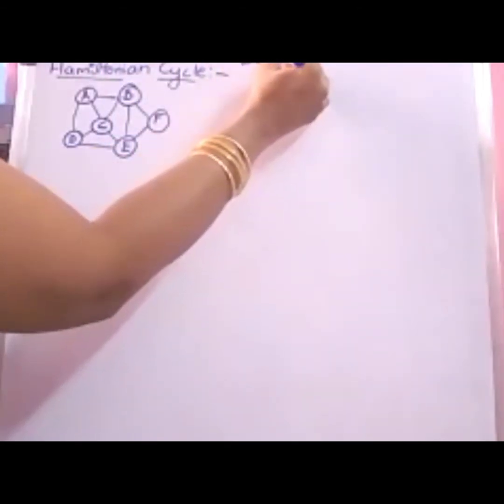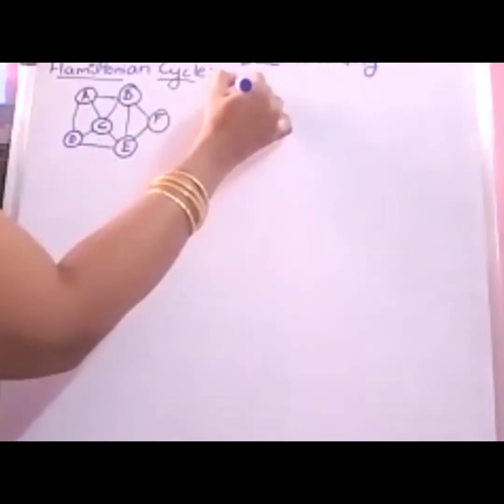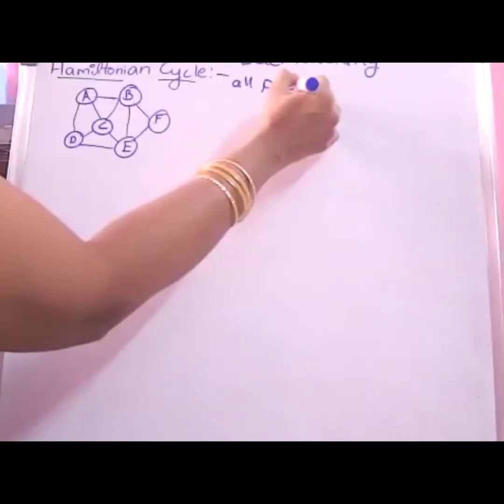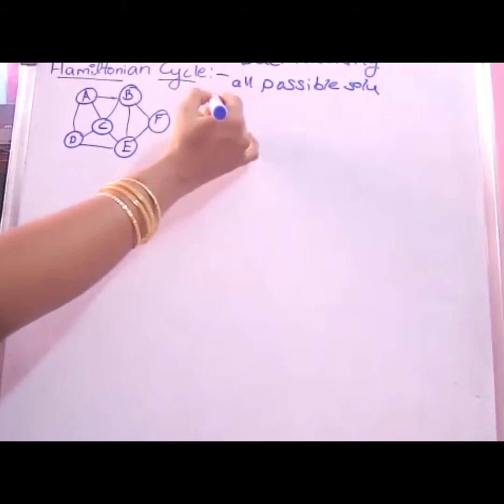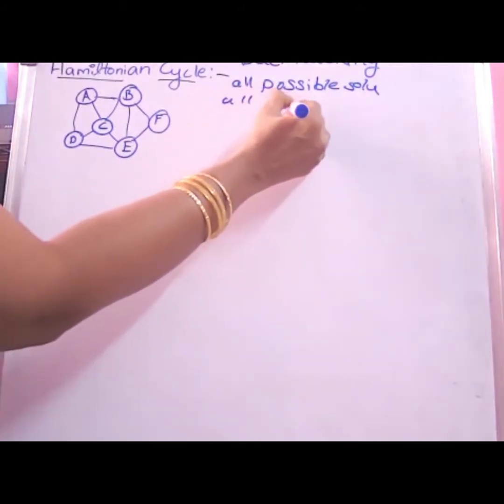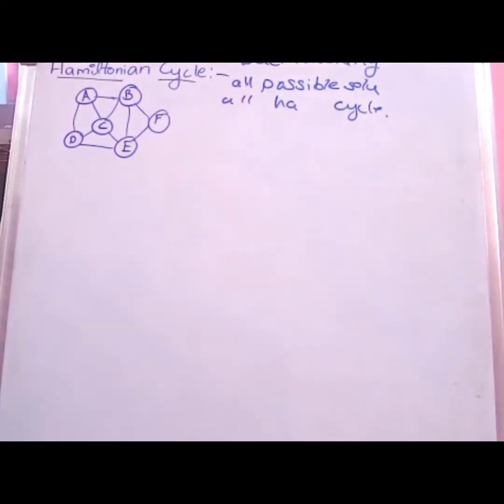If there are any possible cycles in this graph, we can call them Hamiltonian cycles. By using the backtracking technique, what we are finding here is all the possible solutions. Here all possible solutions means all possible Hamiltonian cycles. How many possible Hamiltonian cycles are there? That is our solution here. By looking at the graph itself, we can find some solutions.